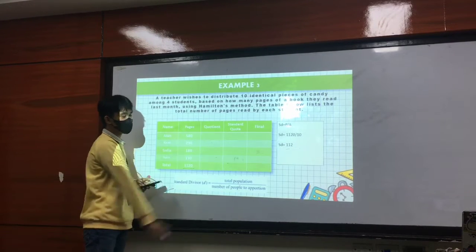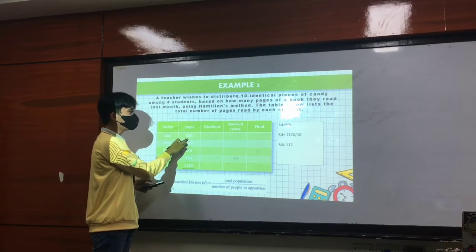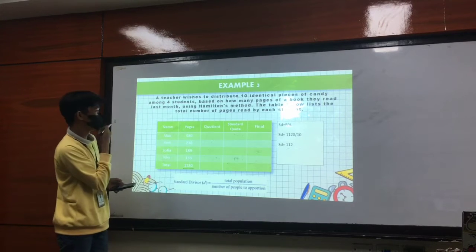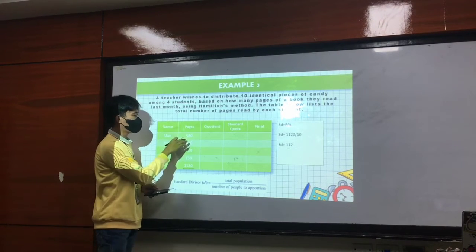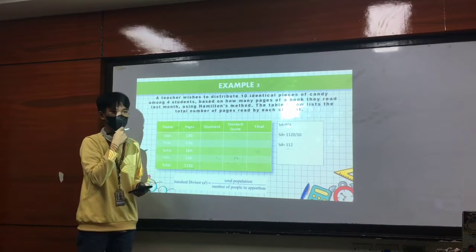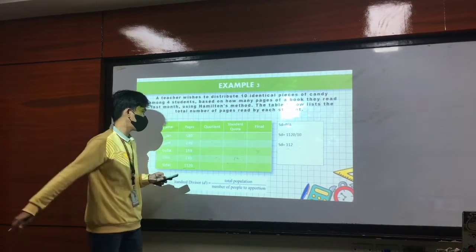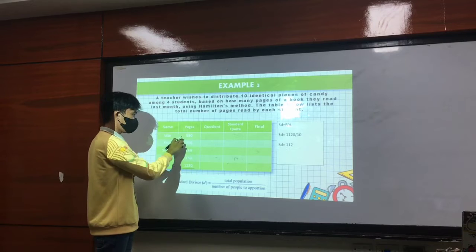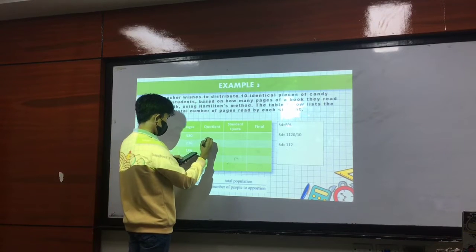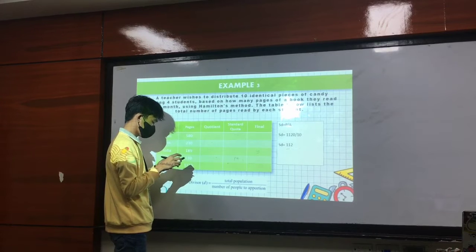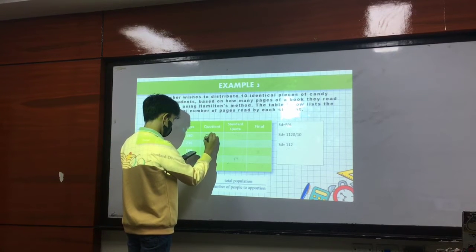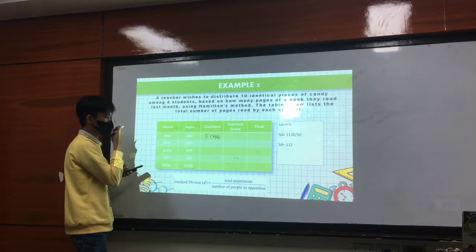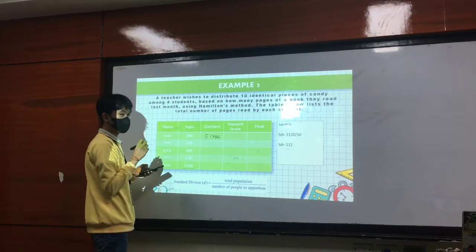So to find the quotient again, we have to divide the pages by our standard divisor, 112. If we divide this, we got 5.1786, and then we have 230 divided by our standard divisor, 112.